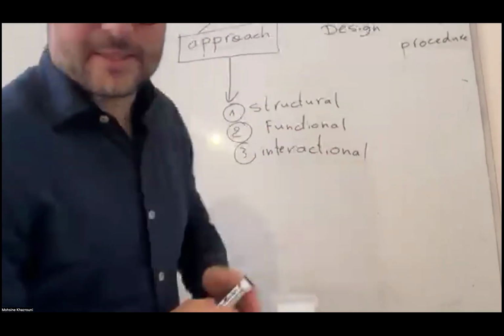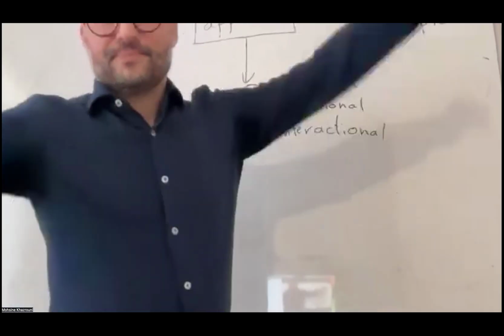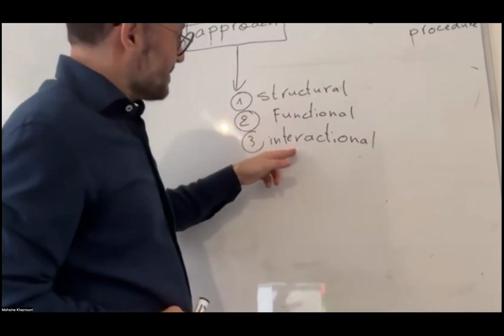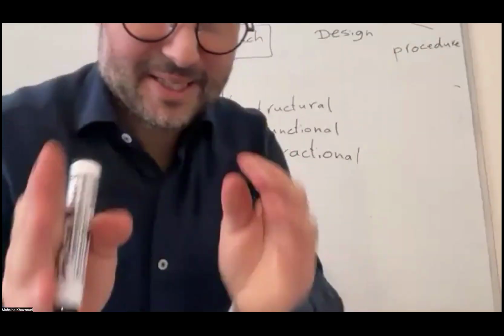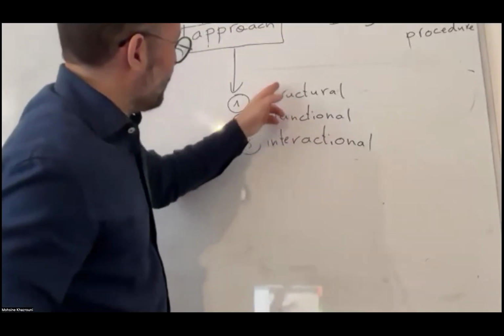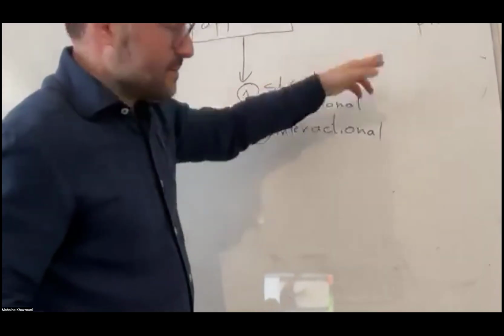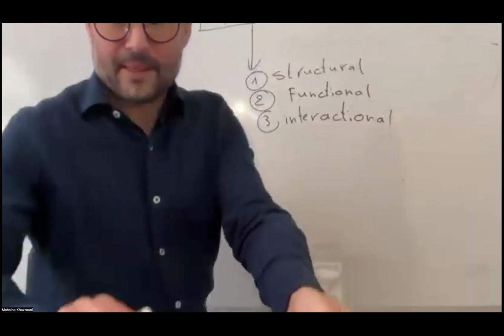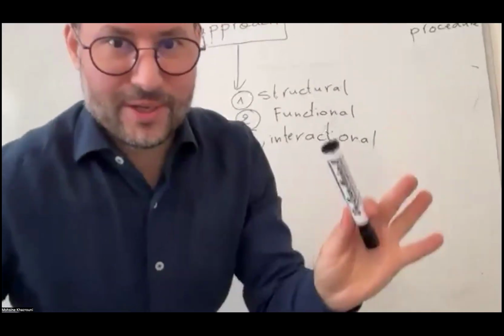Yasmin, can you read this? Structural, functional, interactional. Please, Yasmin, stay with me. Have a look at the handouts and tell me what are they? Those are approaches. Very good.